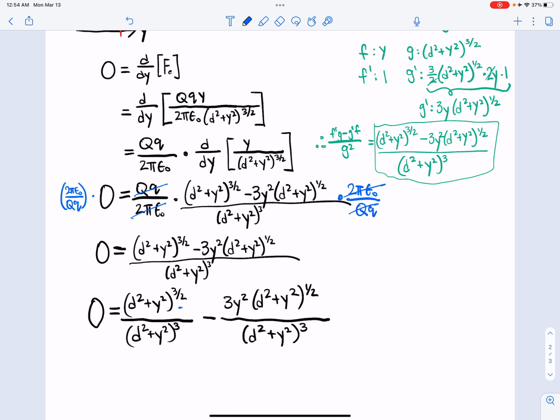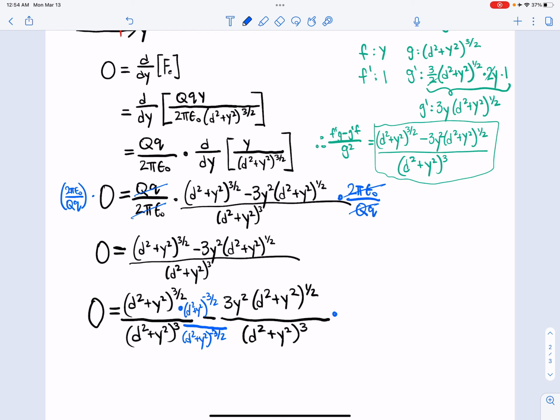So I'm going to multiply this by d squared plus y squared to the power of minus 3 over 2, over also d squared plus y squared to the power of minus 3 over 2. So that's just 1, right? Because the numerator and denominator are the same. That's 1. I could do that.